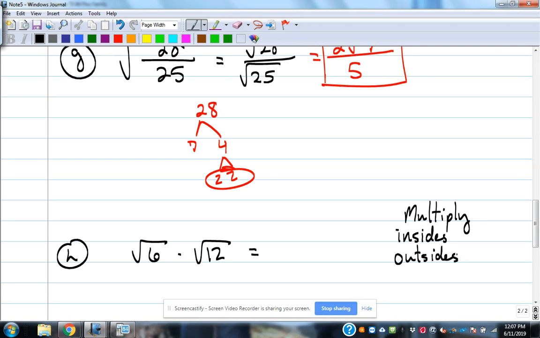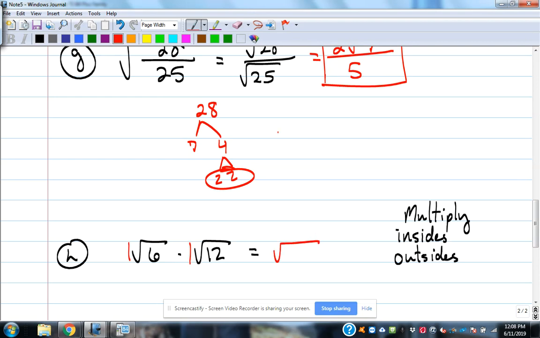If it's on the inside, multiply them together. If they're on the outsides, multiply those together. Okay, and then simplify. So here we have square root of 6 times square root of 12. There's nothing on the outside, or technically there are 1s out there. So 1 times 1 is 1.